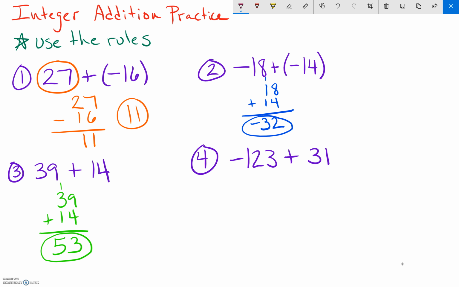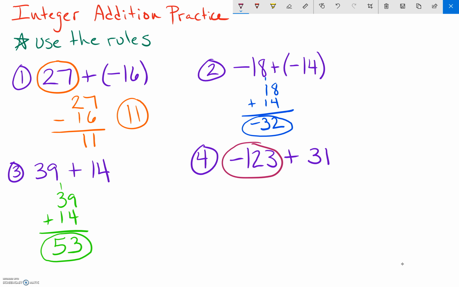The last one is negative 123 plus 31. So we're looking at different integers, negative and positive. So we're going to follow the rules accordingly, and that was you circle the biggest absolute value. It won't always be the first number. It was on both number 1 and number 4, but that will definitely not always be the case.